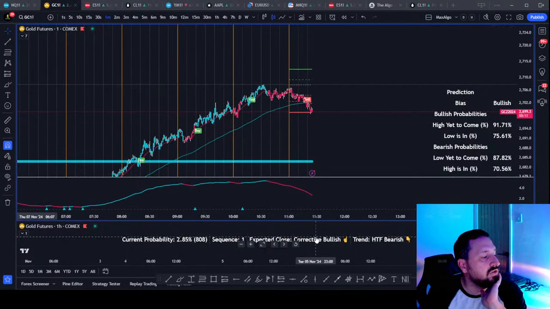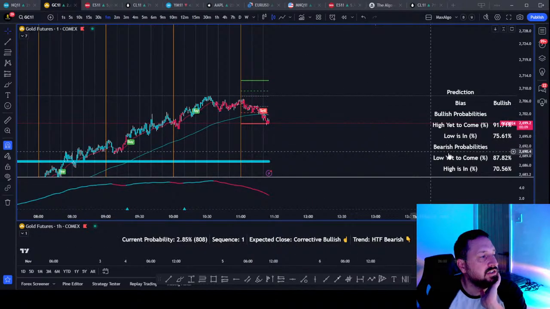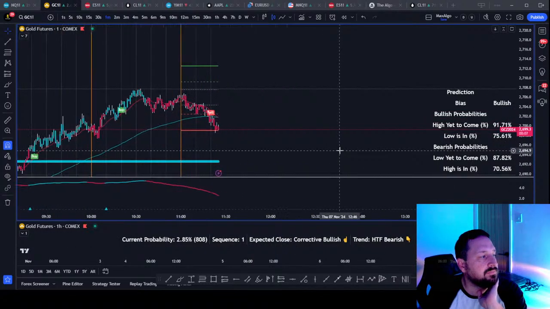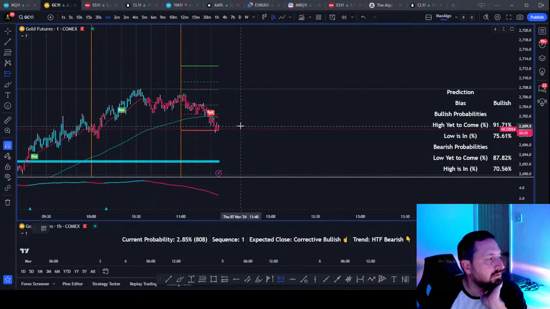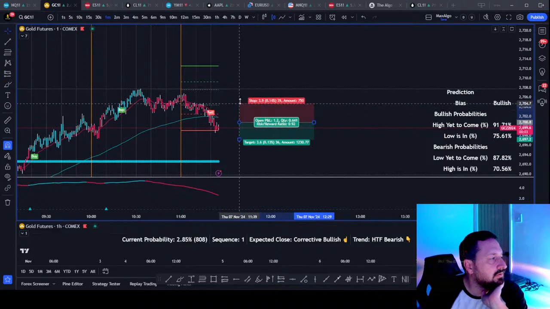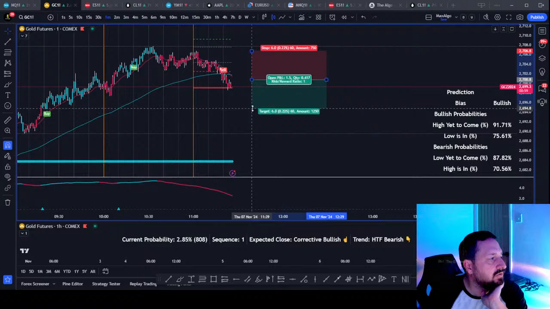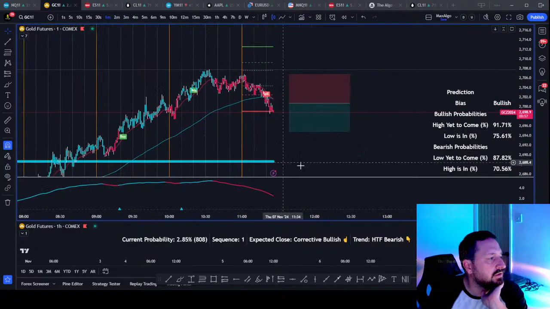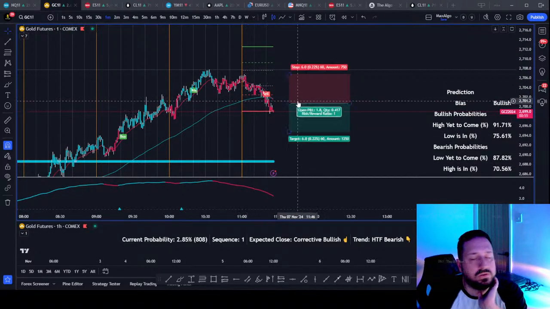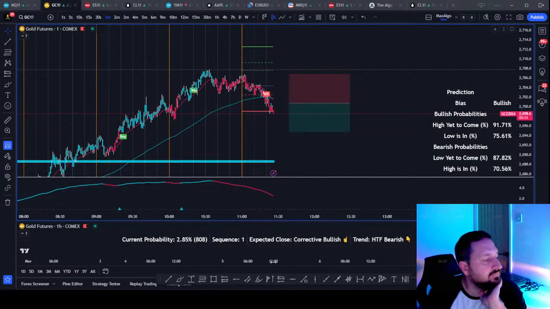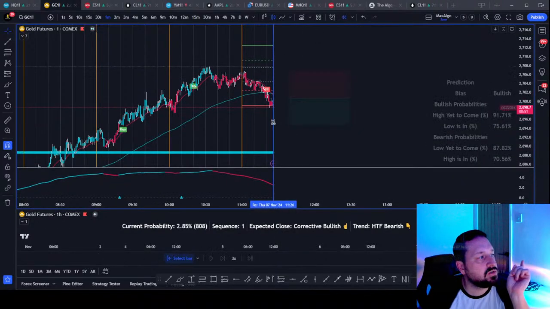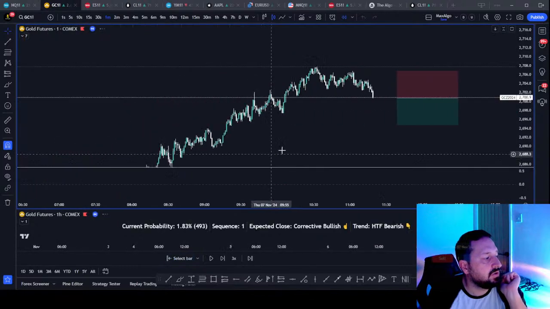We get a sell on gold. We are corrective bullish. That would be an entry on gold, right? That would be an entry on gold. If you're trading gold, that would be your lazy boy. Let me just double check to make sure it was at the point of the signal above 70% in the direction that we want.